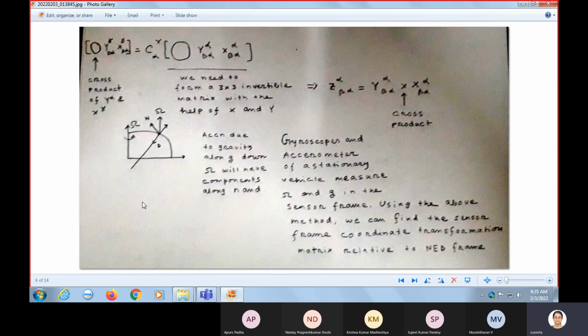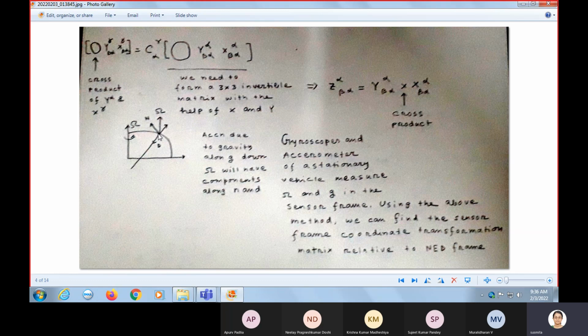Okay. This has an important practical application in INS. Using this approach, we can find the body frame or sensor frame orientation with respect to the north-east-down frame. What is done is, using gyroscopes and accelerometers when the vehicle is stationary, we can find the acceleration due to gravity. So when the vehicle is stationary, not moving, the accelerometers read the acceleration due to gravity.